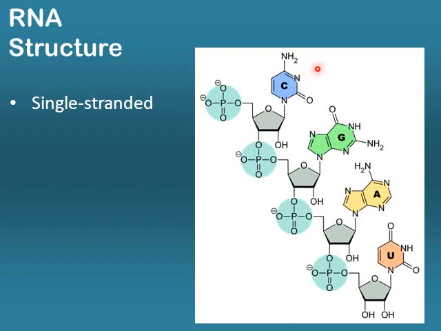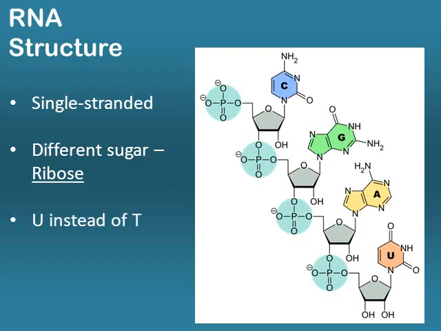There is no hydrogen bonding to another strand, as there is in DNA. Also, the difference indicated in the name of the molecule has to do with the kind of sugar. In RNA, it's ribose, and it has to do with this hydroxyl group right here. In DNA, this oxygen and hydrogen are missing, and thus it is called deoxyribonucleic acid, or one less oxygen in its sugar.